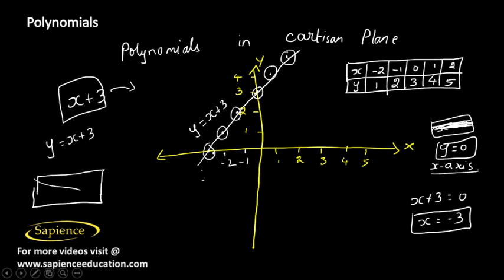So this is how polynomials are represented in Cartesian plane or in a graph. But this is a first degree polynomial. X plus 3 is of degree 1. So degree 1 polynomial gave us a straight line.